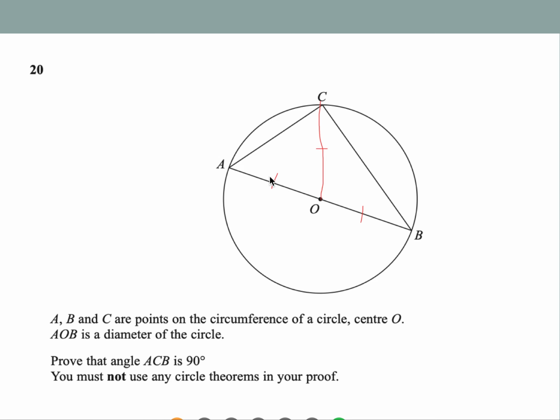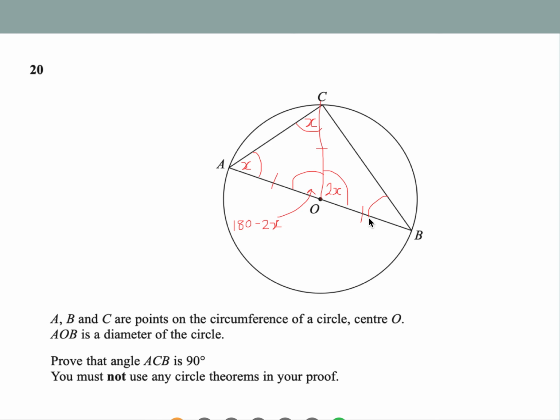Now what would be a good idea is just give an angle a name, so call this one x, which means that this one must be x, which means that this one here must be 180 minus 2x. Now this is a straight line, so these two must add to make 180, so this one must be 2x.